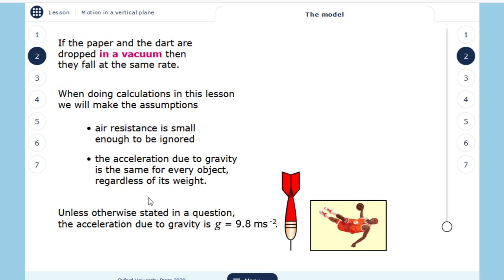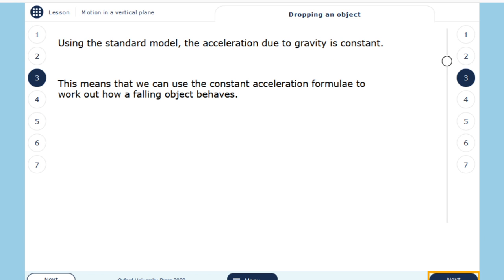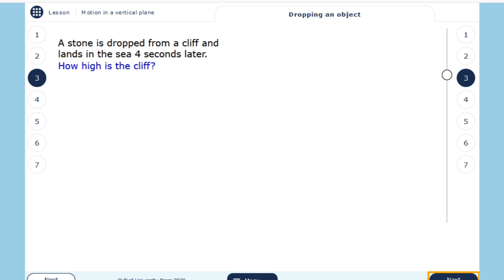There may be some cases where they say the acceleration is 10, but the procedure will be the same. Now, using the standard model, the acceleration due to gravity is a constant. This means that we can use the constant acceleration formulas to work out how a falling object behaves.